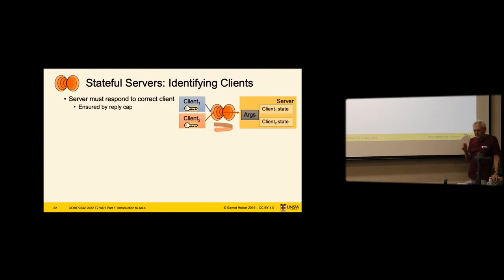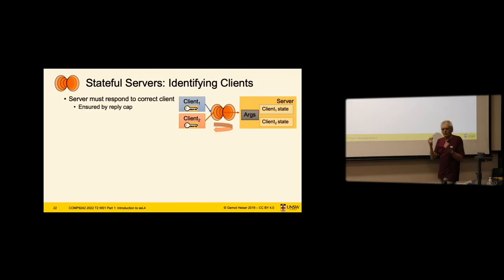For doing stateful servers, you need a little bit more, because in a stateful server, the server has to retain some client state, and that client state will include the reply object that allows it to get back to the client. So this diagram here is a bit oversimplified, because it should show multiple reply objects that point to different client state.